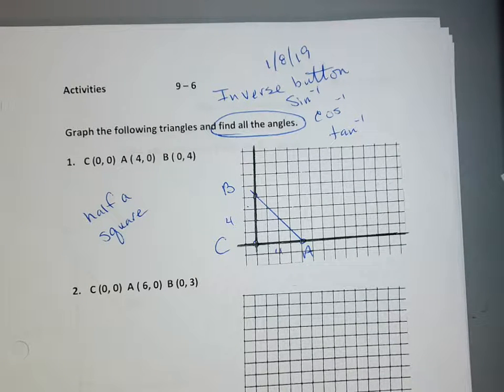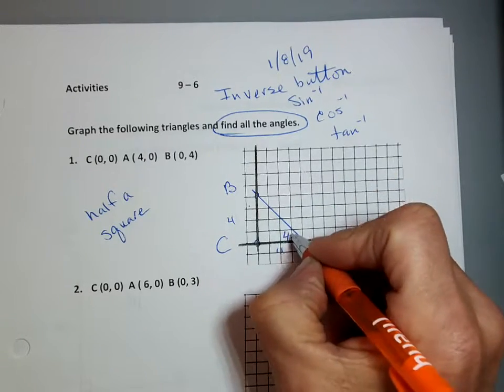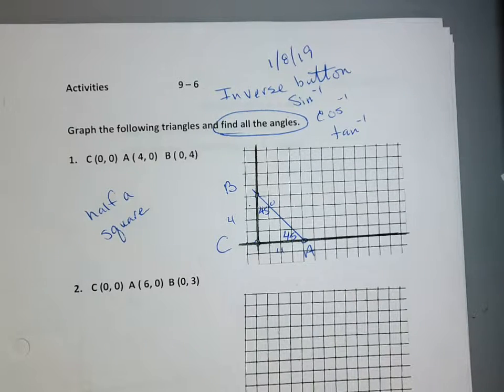One is to recognize it's half a square, so we cut 90 in half, 45, 45, or to recognize that sure enough, it does fit that special right triangle right there. Okay, so you don't need a calculator. 4 and 4, we know angle A is 45 degrees, and angle B is also 45 degrees, okay? This is our special right triangle. Didn't need any calculator, didn't need a trig inverse button at all, okay?